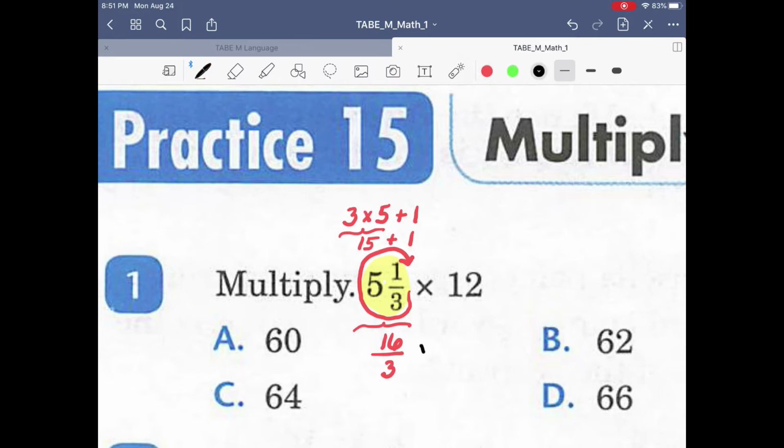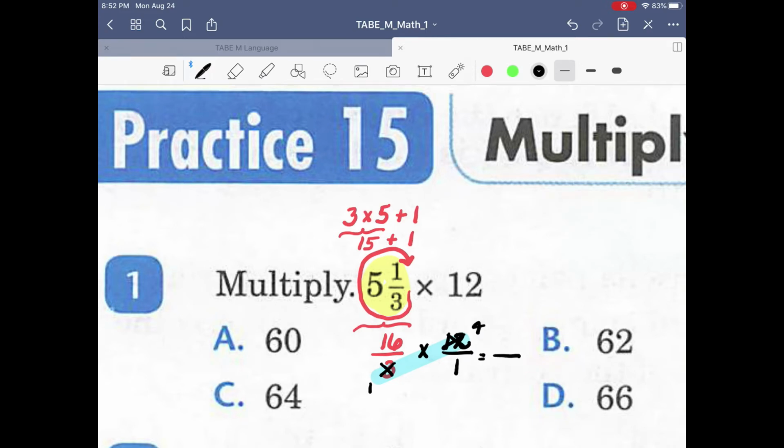And then I'm going to bring down the 12 and put a 1 under there, and we're ready to multiply. I can do a little bit of canceling right here. So I will say 3 into itself is 1, 3 into 12 is 4. So this one works out nicely.